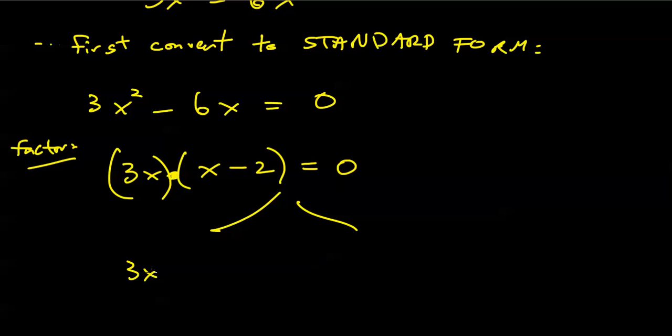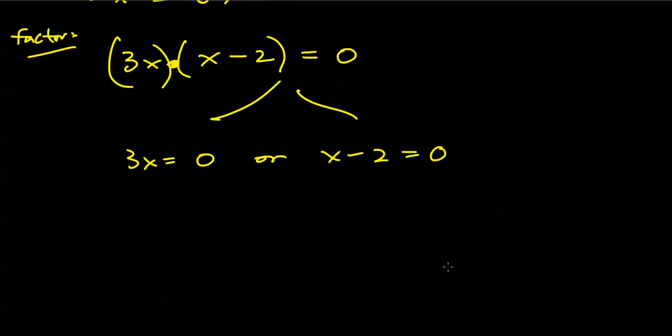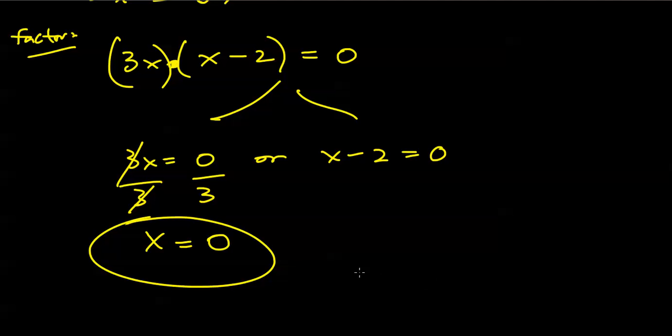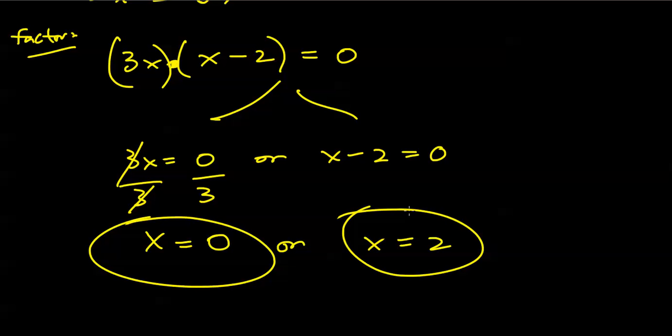So a degree 2 equation branches off into two simpler degree 1 equations, which I can solve for pretty easily now. On the left branch, I'll divide both sides by 3, and x equals 0 over 3. Well, 0 over anything is just 0, as we know. And on the right branch, I get x equals 2. So for that equation, x equals 0 or x equals 2.